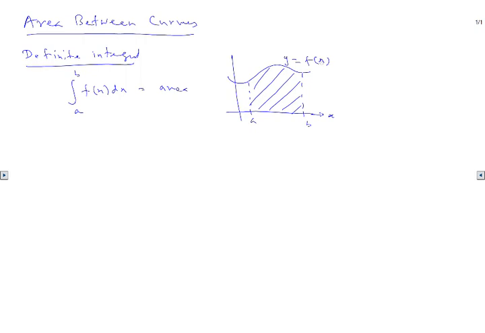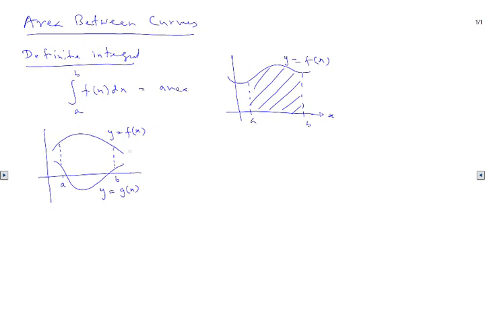So what we're trying to do is extend this idea to a general case. For example, let's look at this situation. Let's say we have two curves. One curve going like that, I'm going to call y equals f(x), and another curve going like this, y equals g(x). The goal is to find the area between the x value a and the x value b.